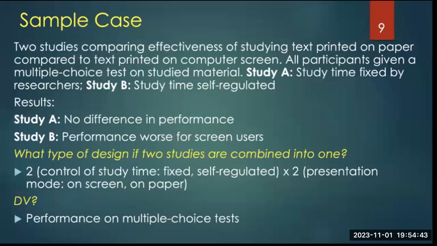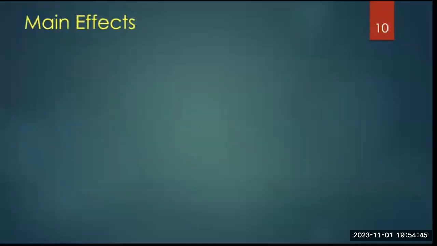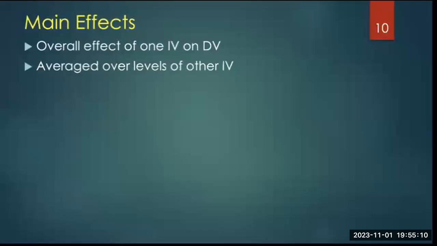So let's look at some results so we can determine what main effects are. So a main effect is simply the overall effect of one independent variable on the dependent variable. Remember, there are 2 independent variables here. We're looking at the presentation mode, and we're looking at the time, whether it was fixed or self-regulated, right? So if we had some data, what we want to do is take a look.